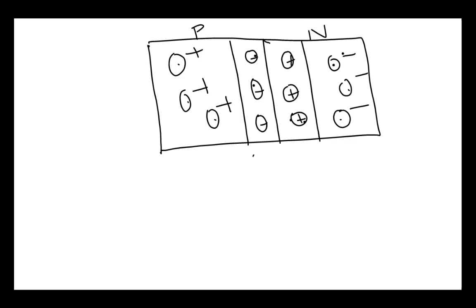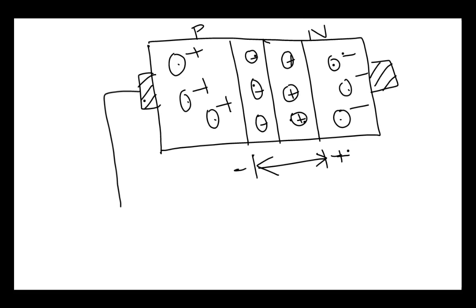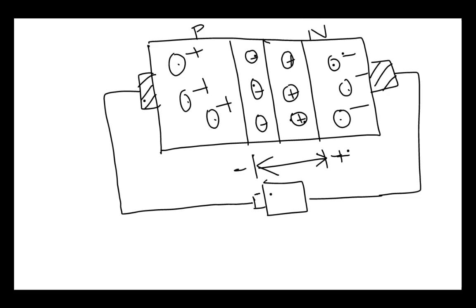And this forms a barrier potential. Now these are our metallic contacts. It is connected by a wire to a battery. This is the positive terminal of the battery, this is negative terminal of the battery.